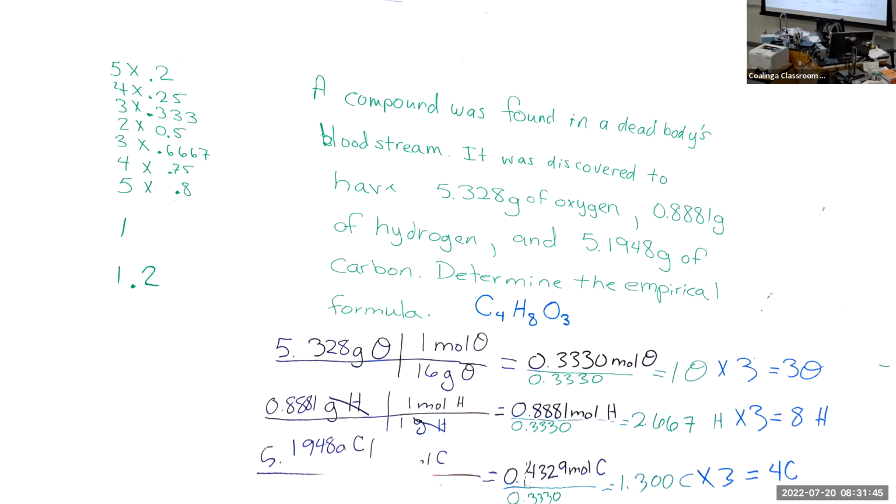If it's 1.01, then you can just round, right? So if it's less than 0.1, we can round, okay? If it's greater than 0.1, right, 0.2, 0.3, 0.4, then we're going to have to do this, okay? You guys got that? Because it makes enough of a difference that it would change the chemical formula.